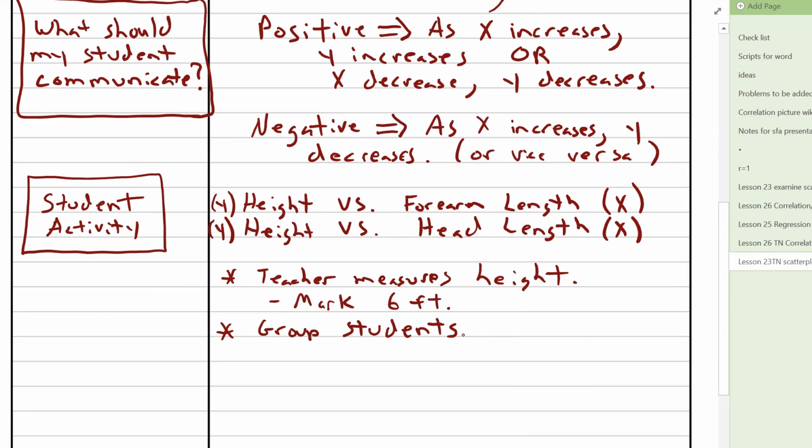Within these groups, you're going to have the students measure their head length, and measure their forearm length.